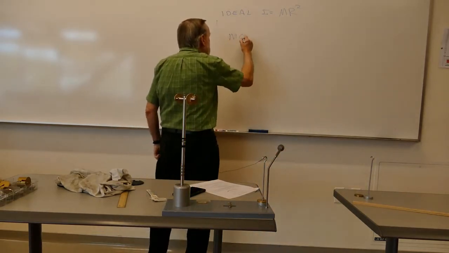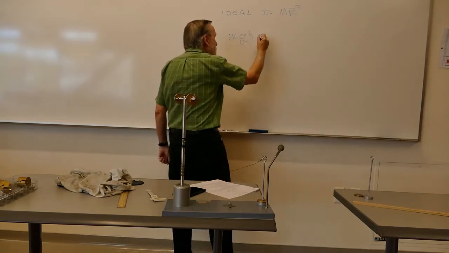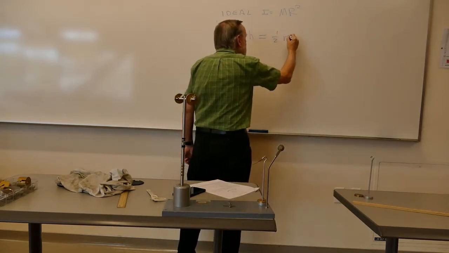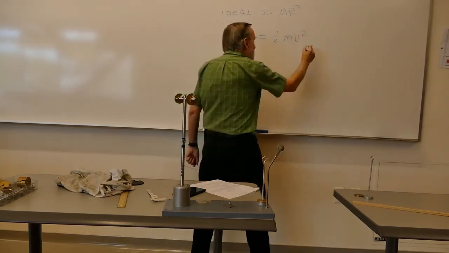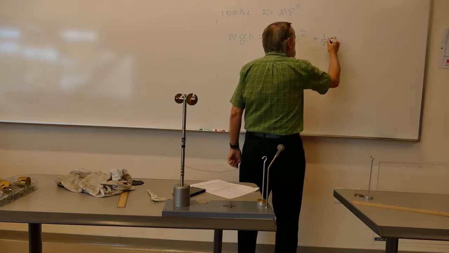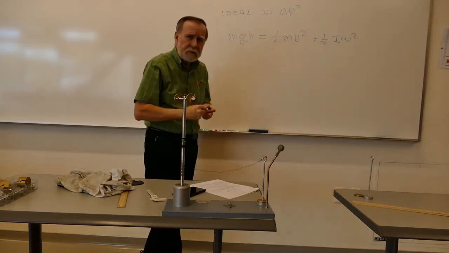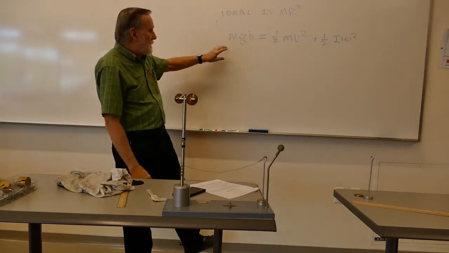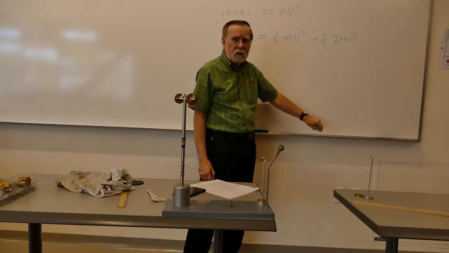So the mgh of the falling mass, that's the potential energy, is being converted to the translational kinetic energy of the falling mass plus the rotational kinetic energy of the rotating masses. I'm not sure how clearly you can see this, but this says mgh equals 1/2 mv squared plus 1/2 I omega squared.